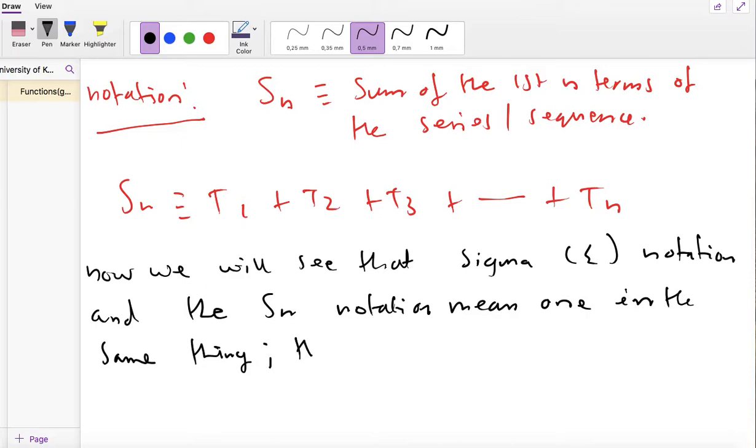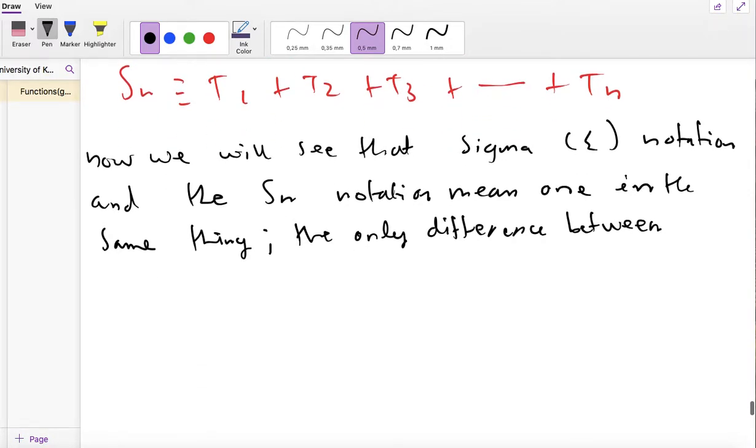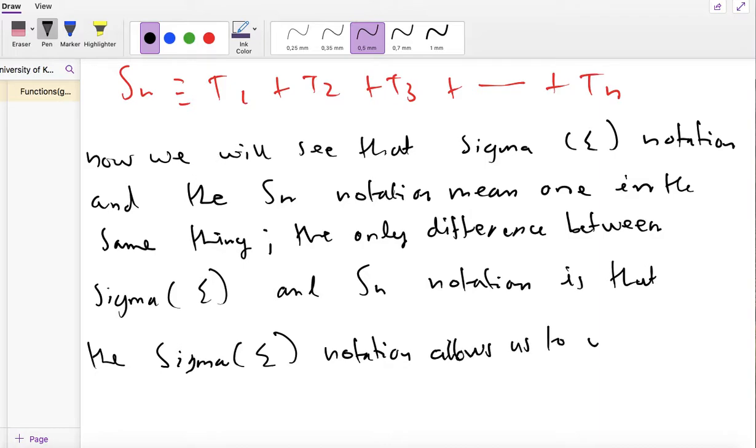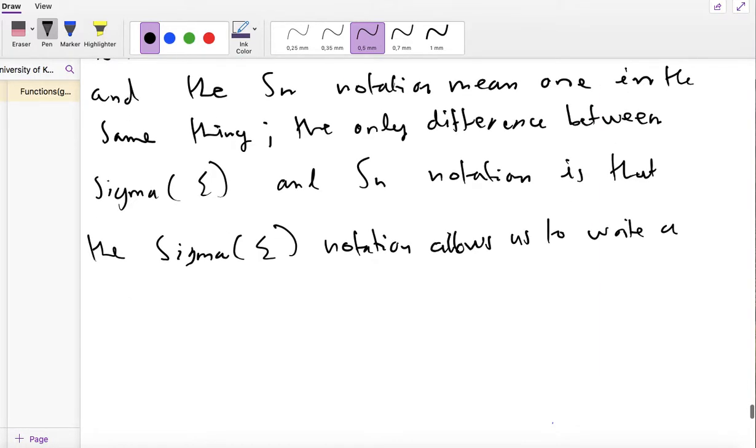Same thing. The only difference between sigma and sum to n notation is that the sigma notation allows us to write a series in a more concise way, as it were.